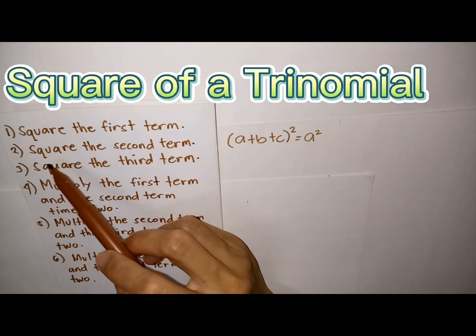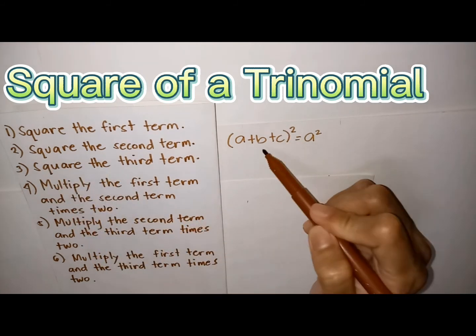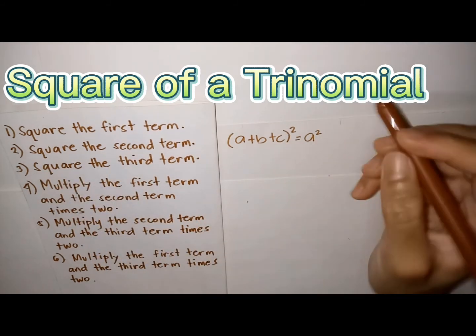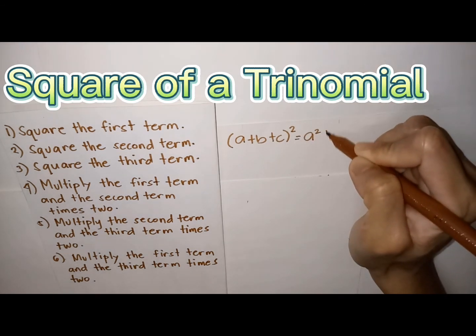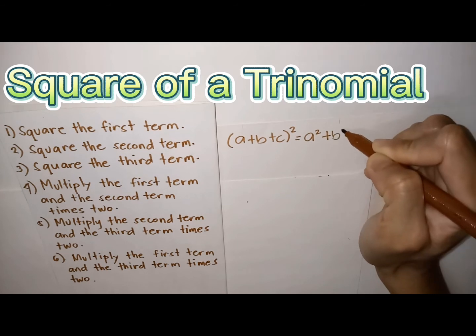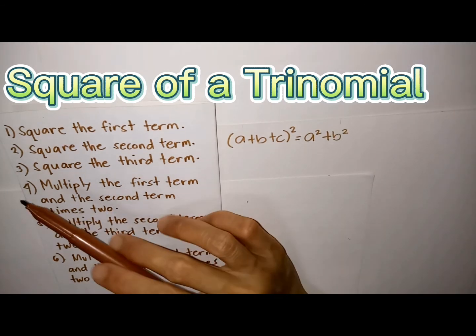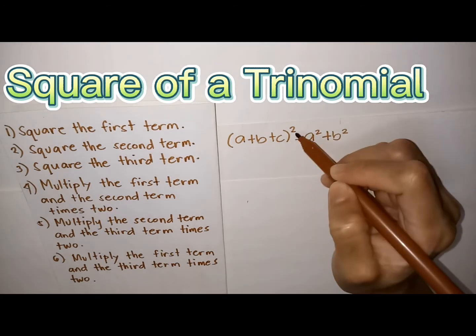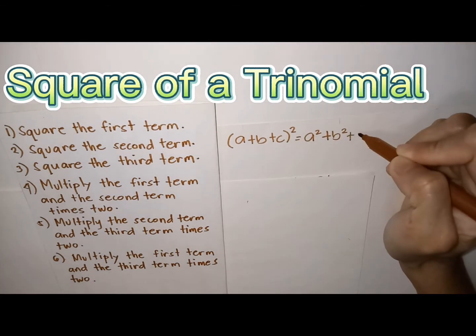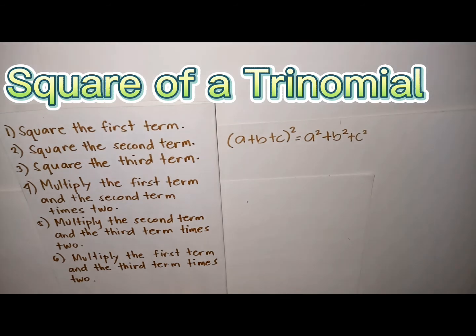The next step is square the second term. Our second term is b, so we need to square that. That is b squared. So plus b squared. Our third step is square the third term. So c squared. It will give us c squared.